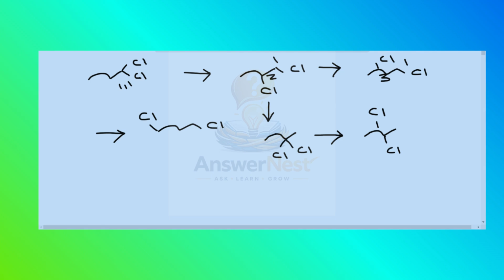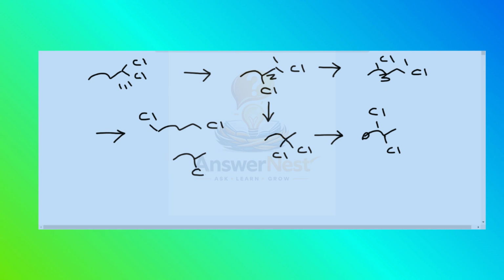If we kept moving the chlorine we moved before and put it on that carbon, that'd be 1,3-dichlorobutane, which you already have for right there.